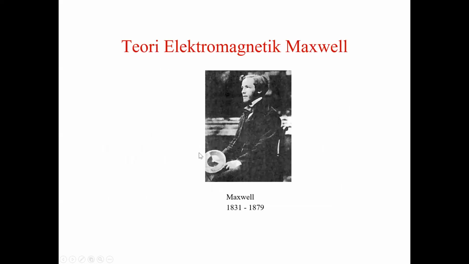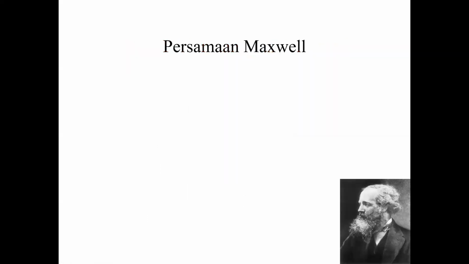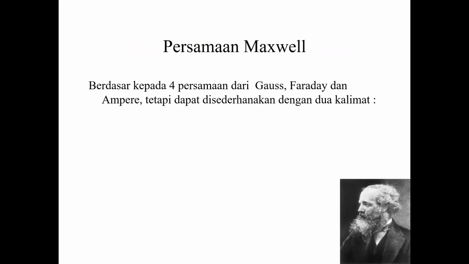On the other hand, we also have Maxwell's theory of electromagnetism, based on four equations derived from Friedrich Gauss, Michael Faraday, and Ampere, Andre Ampere. I forgot the name of the formula, and also Lenz, something like that.